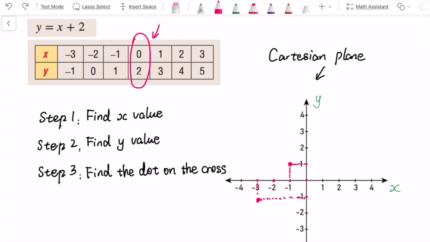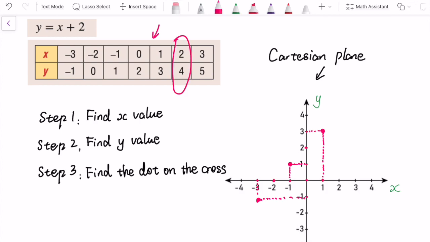And y equals 2, which is here. So we find the dots on the cross, which is here. Next group, x equals 1, right here, and y equals 3, which is here. So you find the dots on the cross.